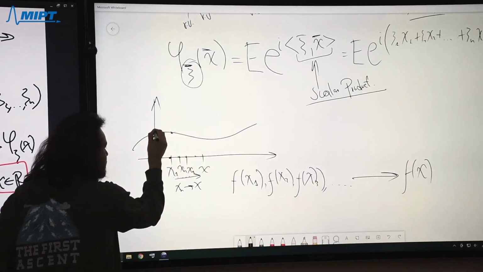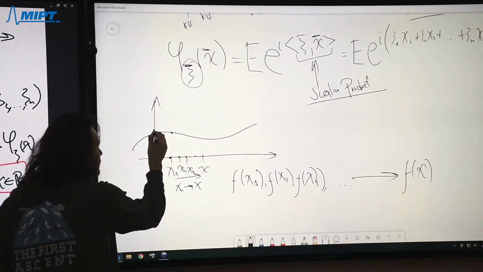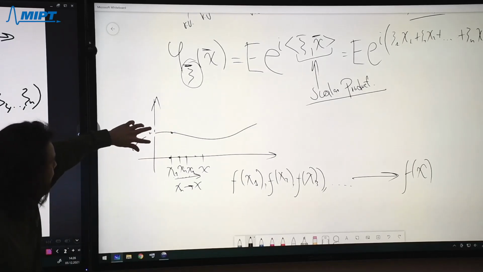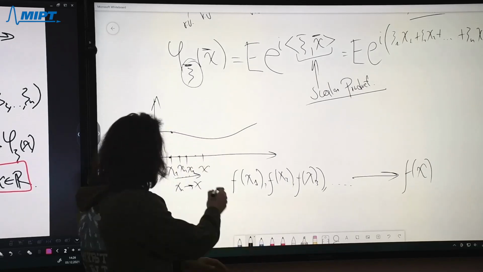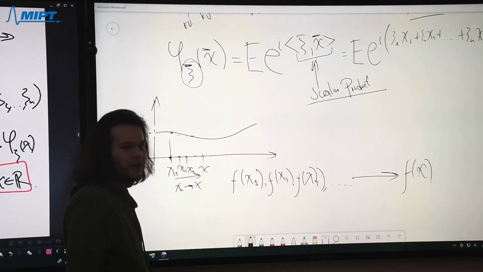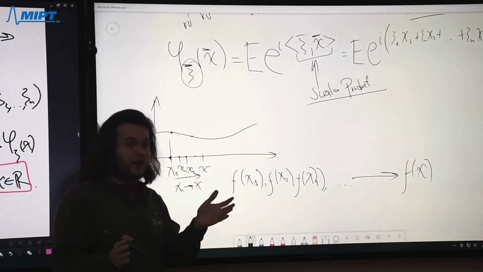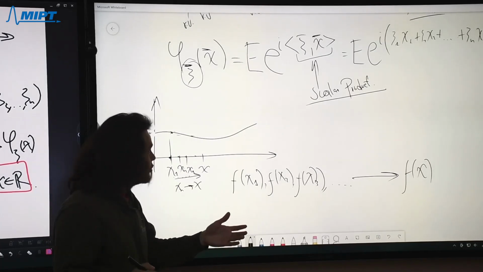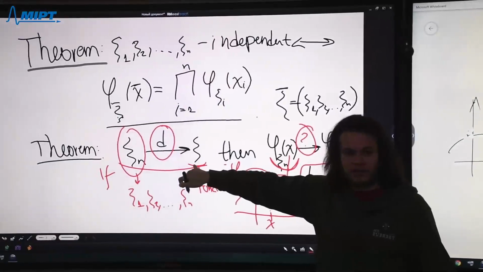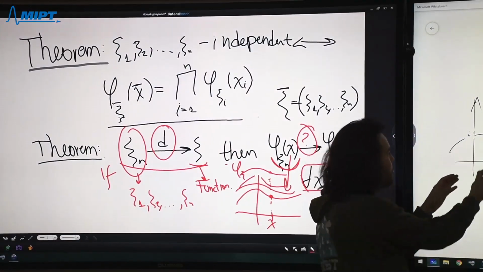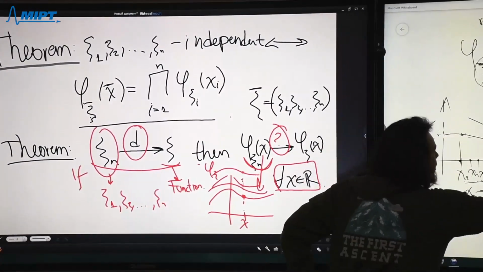These points converge to some point f of x. We fix x, and we are looking at points. That's what you had in calculus. Here, we have to write this because psi are functions, so we are not talking about points. Here we are talking about the function itself.